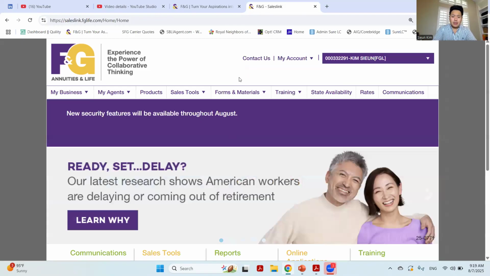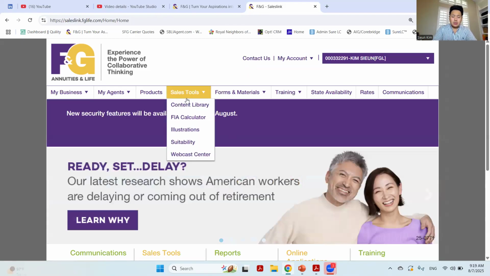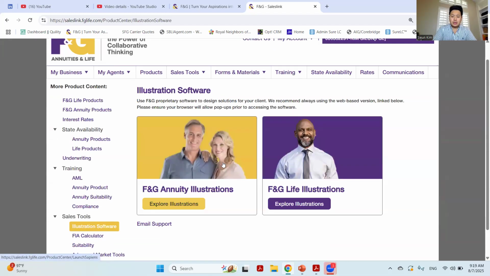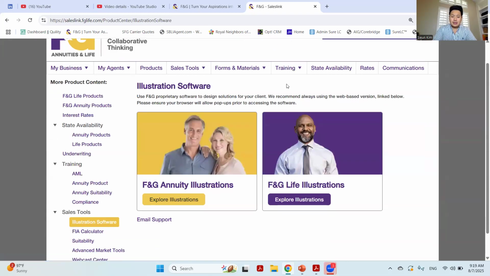Okay, all right. So I wanted to show you an illustration today, get one done, and how to present it to the client.